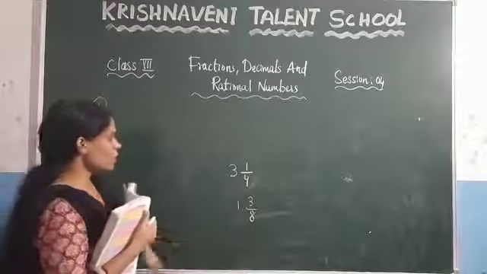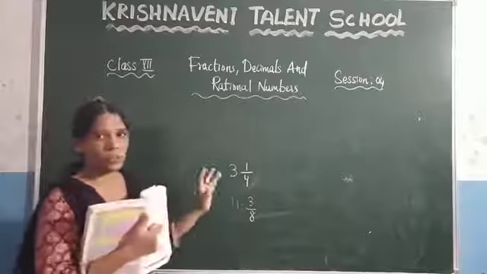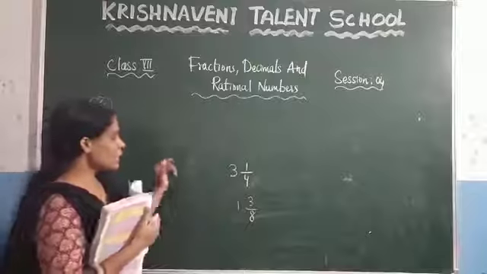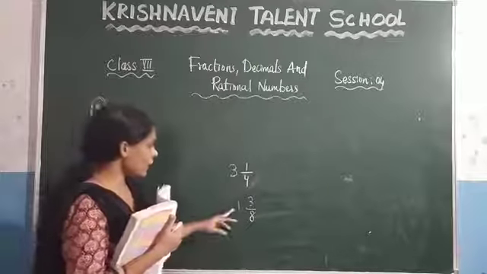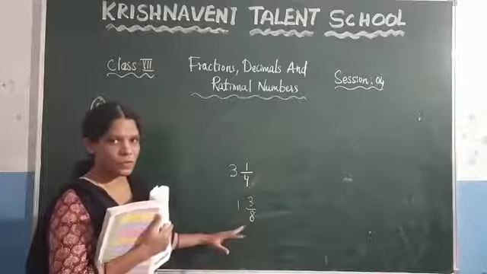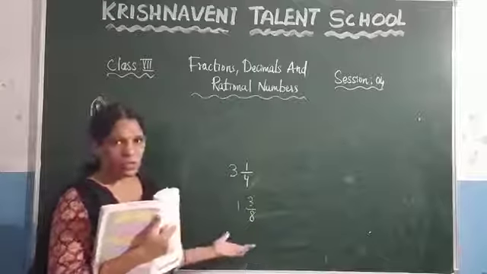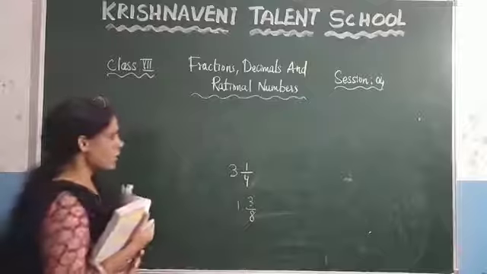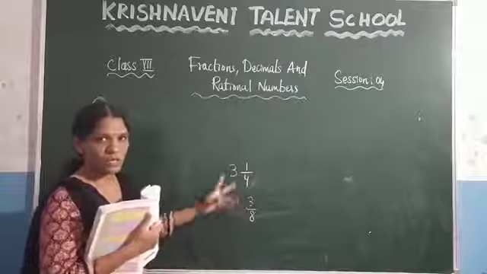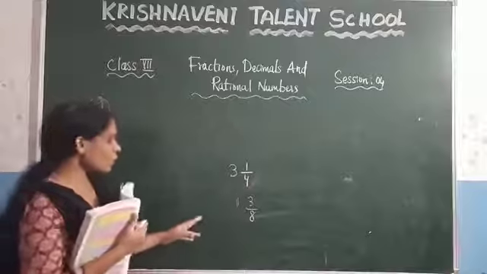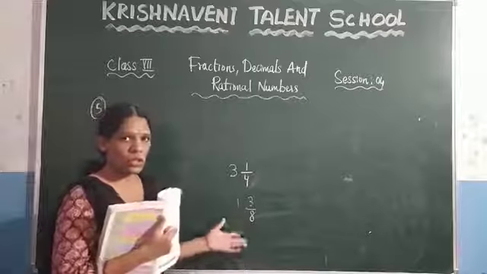Here, what is the question given here? Radha wants to prepare one recipe. For that, she needs 3 1 by 4 cups of flour. But she has only 1 3 by 8 cups of flour. How many more cups of flour does she need? They are asking here. For that reason, what we need to do? Just we need to subtract these two values. If you subtract these two values, we will come to know how many more cups of flour does she need.